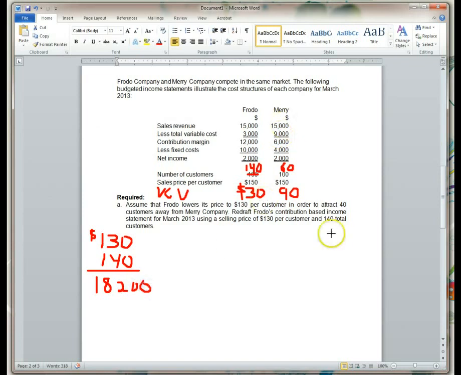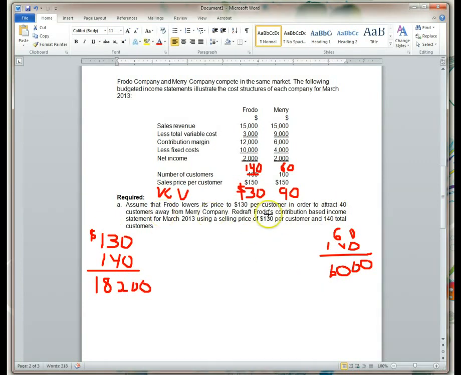And we know Mary has 60 at $100, which is $6,000 in revenue. Let's call it that, but let's figure out what the question's asking first.